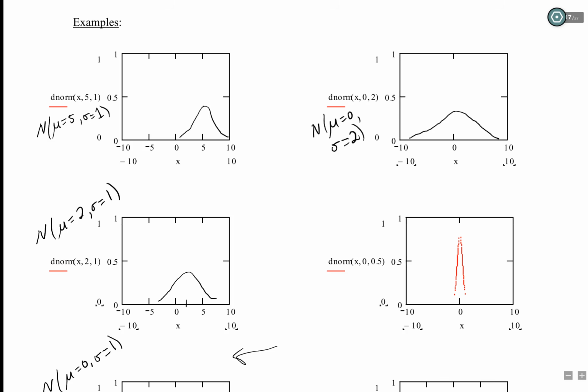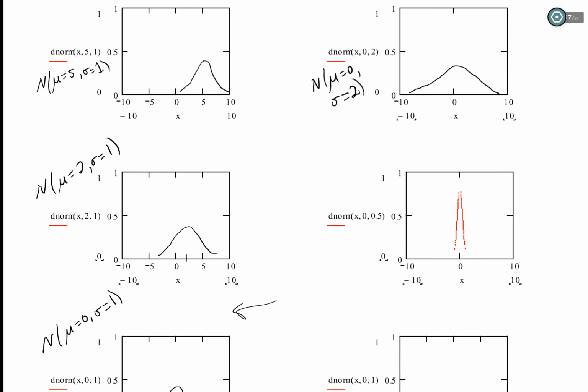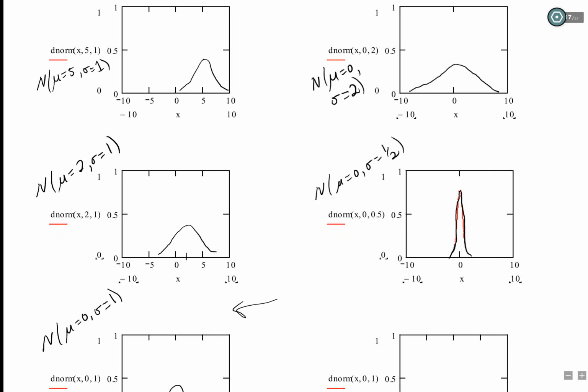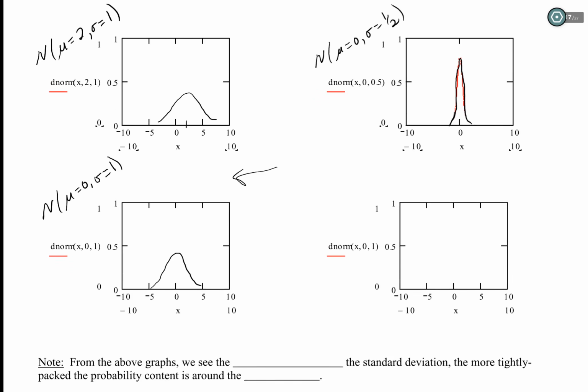Okay, and moving along below that graph, the mean is 0, and the standard deviation is 1/2. And there the plot came through a little bit, but it's tightly packed around 0. Okay, so it's got a higher peak, and it's tightly packed around 0. It has to have a higher peak because the total area under the curve still needs to be 1, and so to achieve that, the peak increases there.